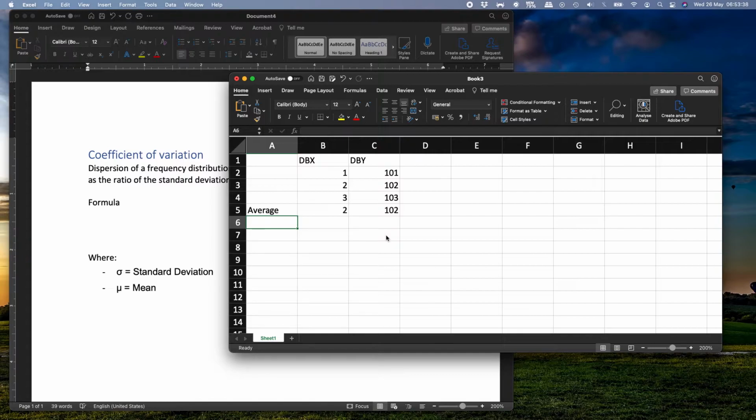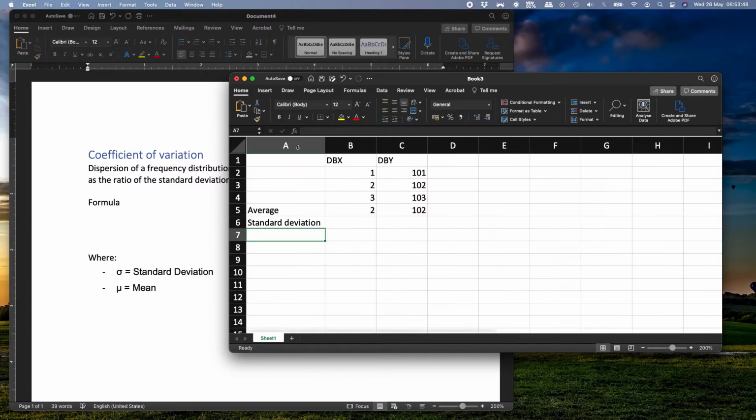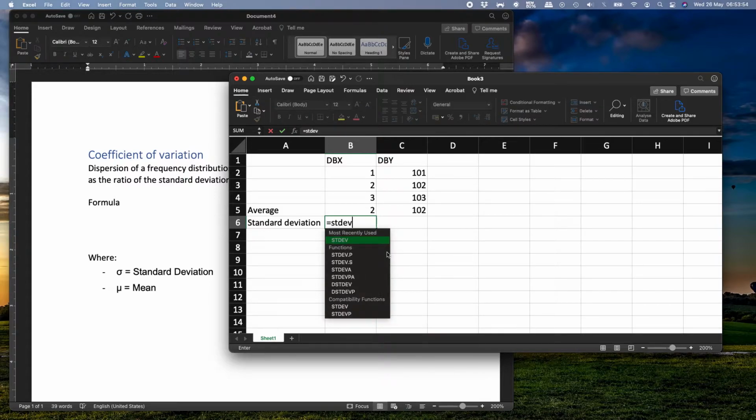But the standard deviation, I'm going to call it standard deviation, just so we can see the whole thing. Standard deviation, on the other hand, looks quite different. Check this out. STDEV, standard deviation, for all these three values.